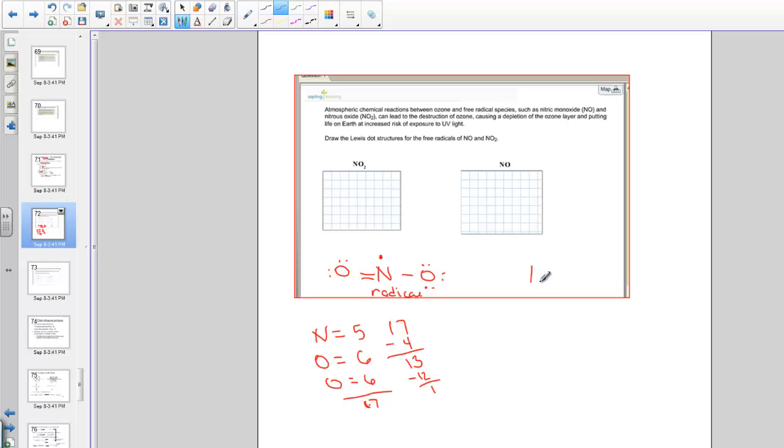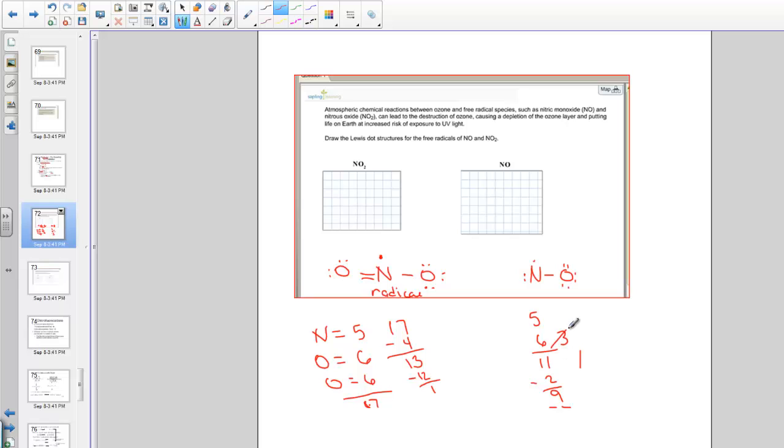We'd have 11 dots to place. 5 from this nitrogen, 6 more from that oxygen makes 11 dots. When I connect them together, I place 2 electrons to connect them as a shared pair. I'll finish the octet on the oxygen, and that uses 6 more electrons, so that leaves me a remainder of 3. So I can place them 1, 2, 3.